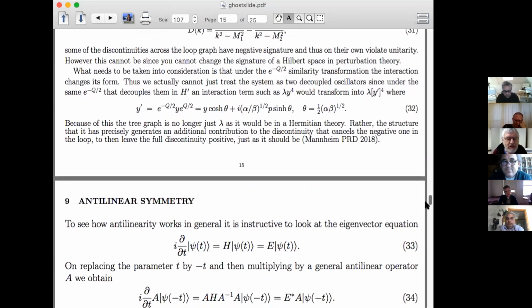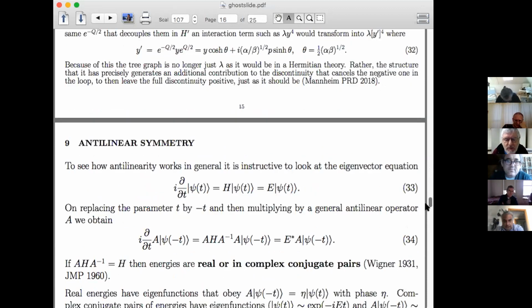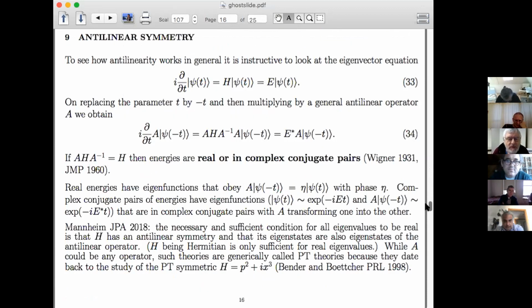Okay, let me just say some very quick words about antilinear symmetry. I'm sure everybody's familiar with this. You take the Schrödinger equation, you replace t by minus t, and you multiply by some general antilinear operator A, and you get this expression.